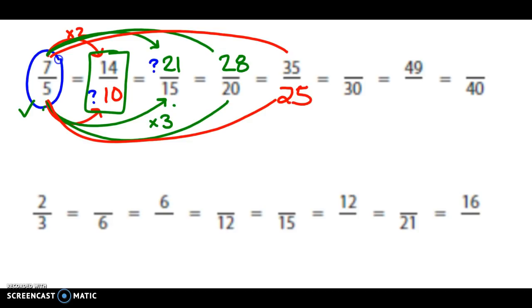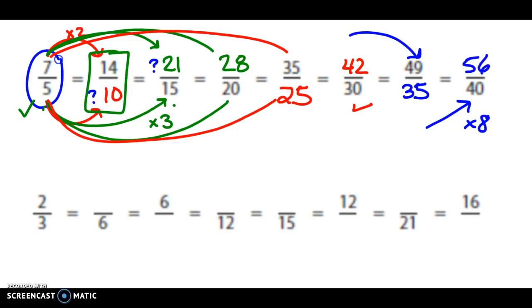All of these fractions end up being equivalent. If I keep going, 5 times 6 to get this one, so 7 times 6. And then 7 times 7 to make 49, so 5 times 7. And the last one, 5 times 8 to make 40, so 7 times 8.